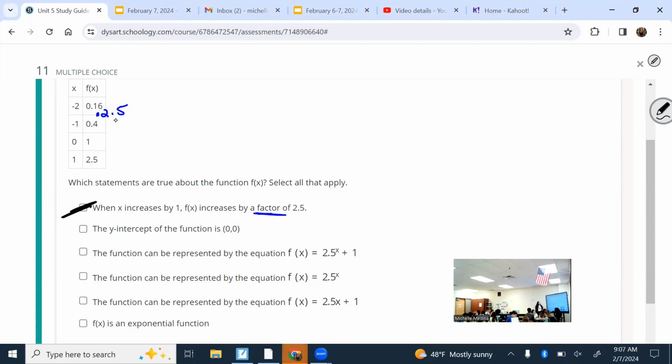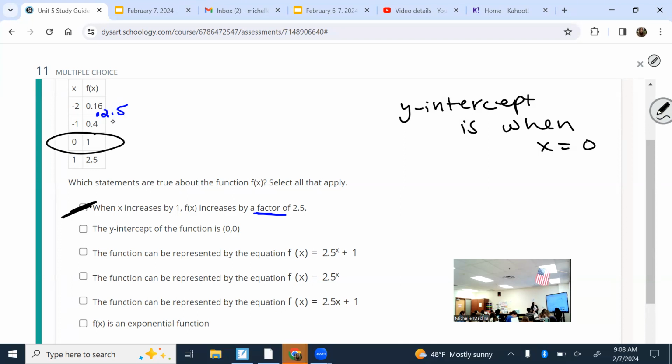My y-intercept. You can tell your y-intercept on the table if they give you what x value. So your y-intercept by definition is whenever x is 0, because if you look at the y-axis, all the x's are 0 there. So if they give you it on your table, great. Is that a y-intercept with 0, 0? No, it's 0, 1. So don't pick this one.